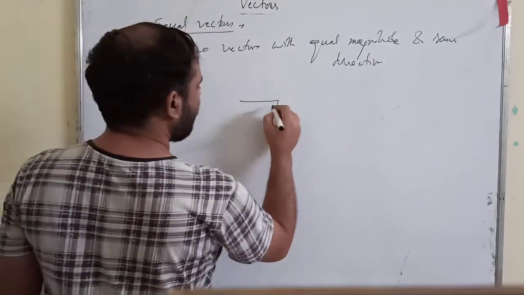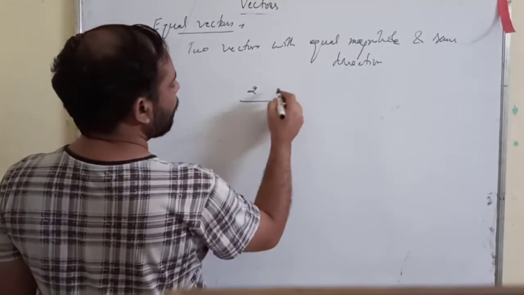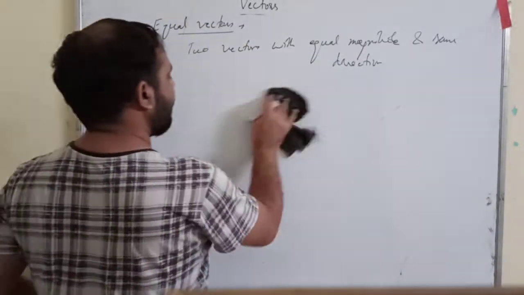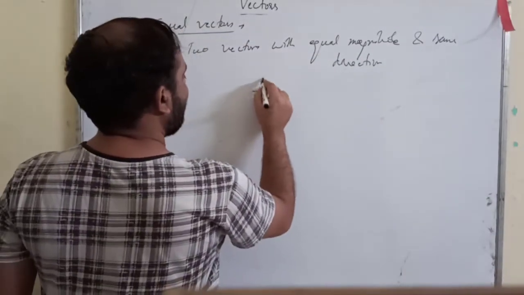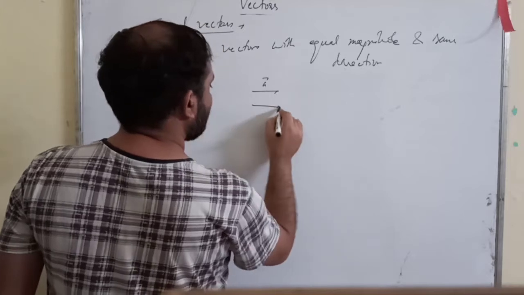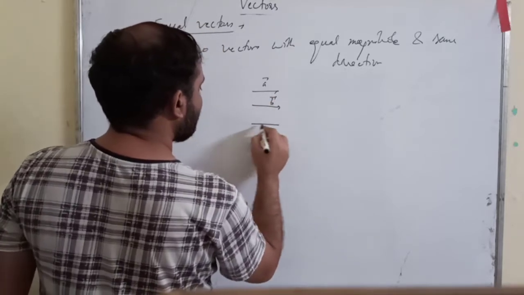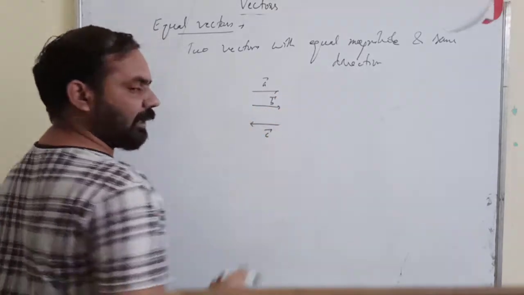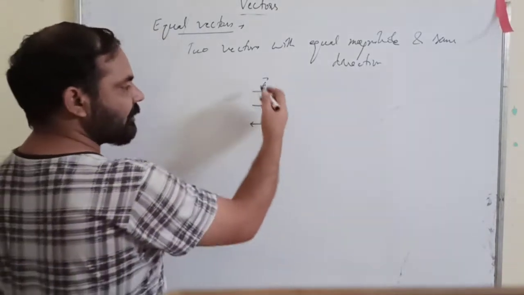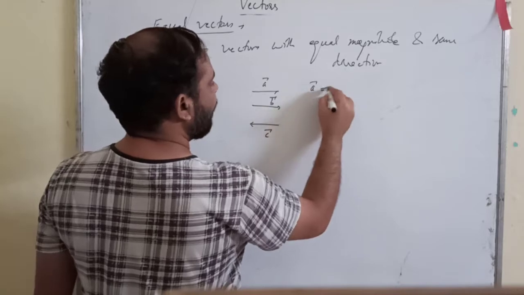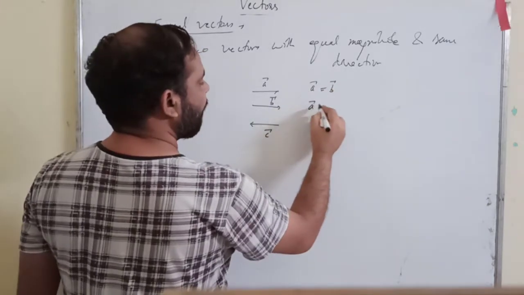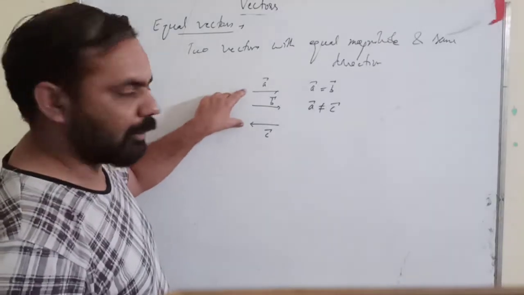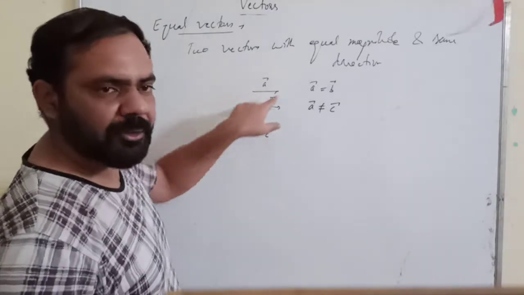Suppose this is A vector, this is B vector, this is C vector. If all the three lengths are equal, then A vector is equal to B vector, but A vector is not equal to C vector, although the lengths are equal, because their directions are not same.